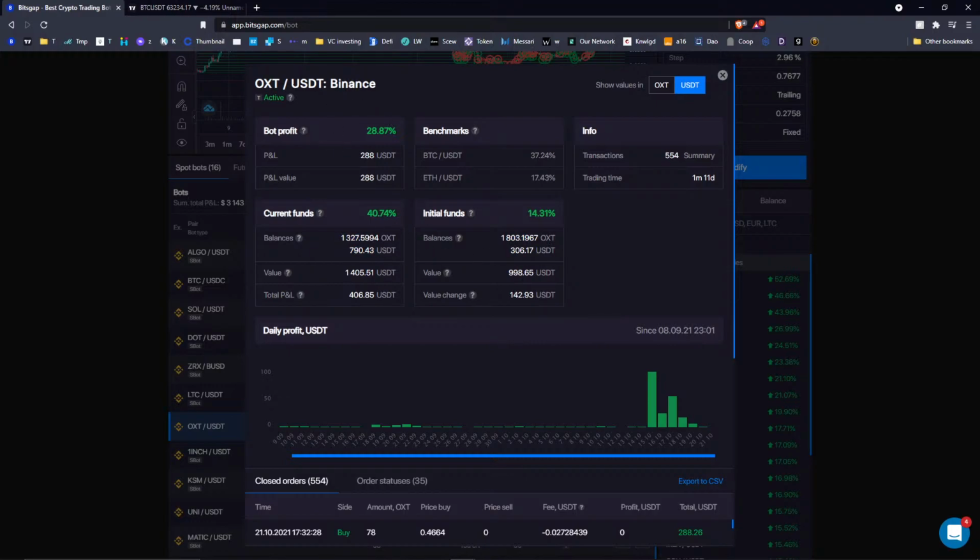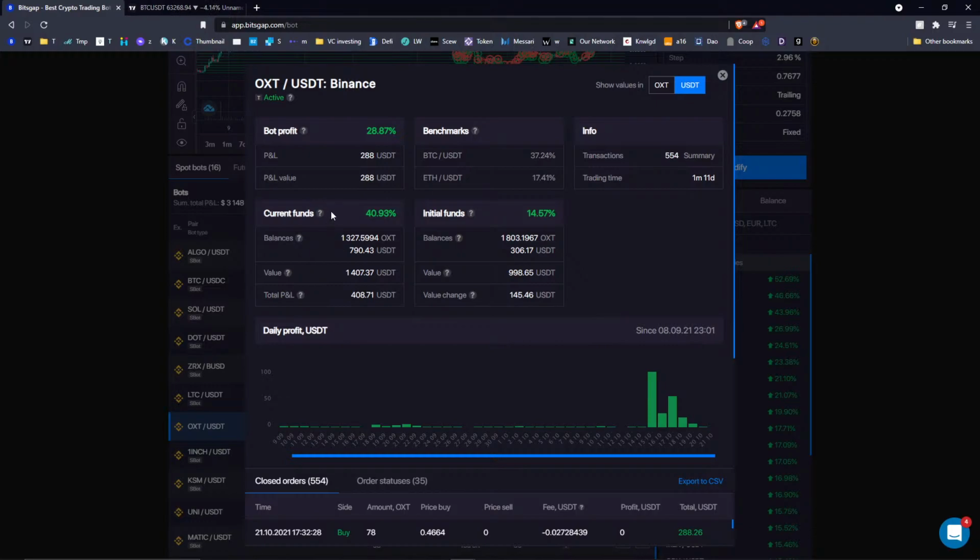And here's the answer. If I would just hodl OXT, and that was the amount I had at the time I launched the bot, I would be up by $142 only. But thanks to the bot, thanks to features like trailing up that allow me to follow the market rally, and trailing down that allows me to buy the dip if the price of the coin goes below the initially set trading range, my bot participates in every minor price swing on the market, even when I'm away from my laptop.